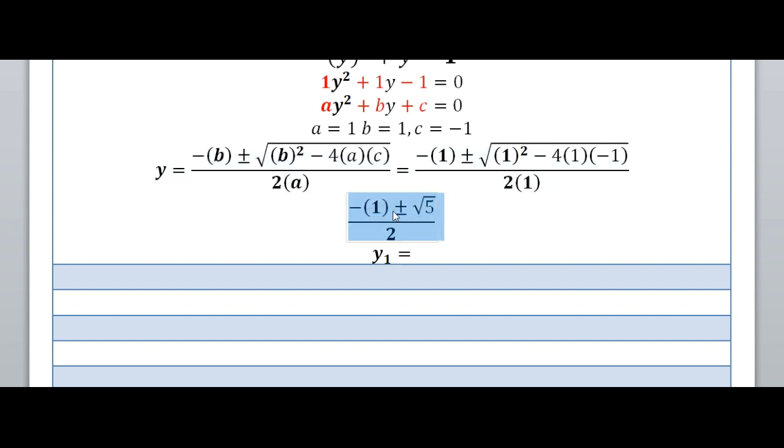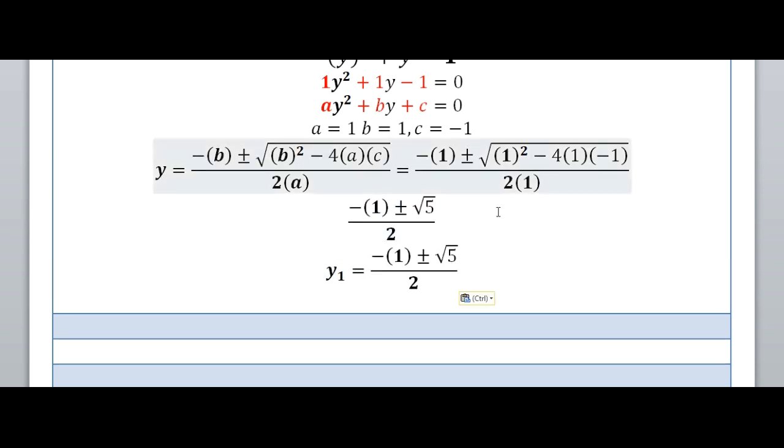This is the solution of y we found. When we want the first solution, we take the sign in the middle, which is plus or minus. If we block negative, we'll remain with the positive sign. So we'll have that. Then the second solution of y.